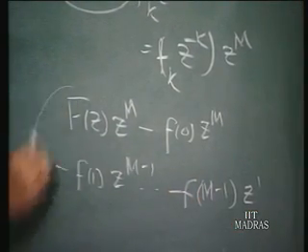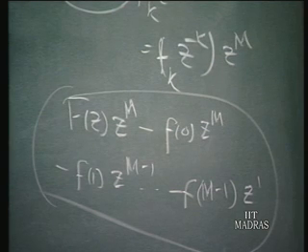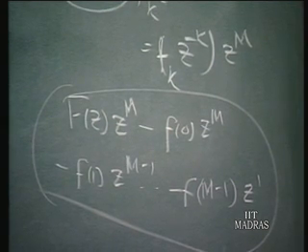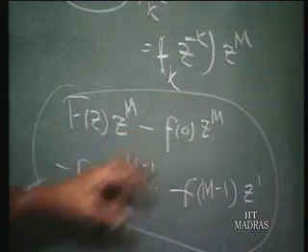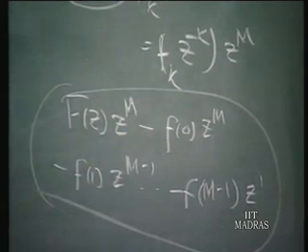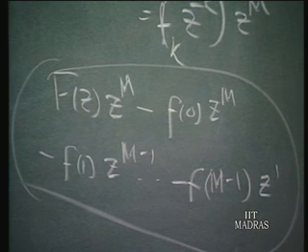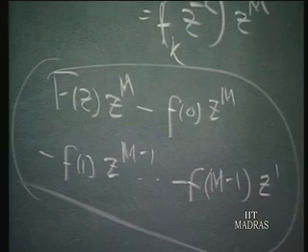So this then is the resultant z transform of an advanced signal, F of z times z power m minus the contributions of all these quantities, which have been ignored in forming this. So this is to be taken into account because you are forming the z transform on a single-sided basis.